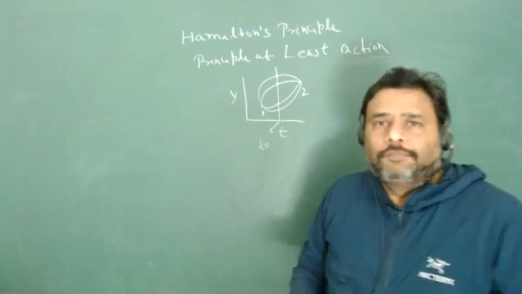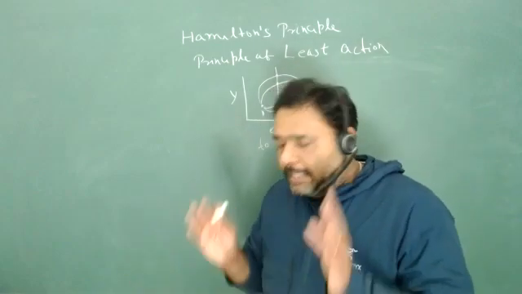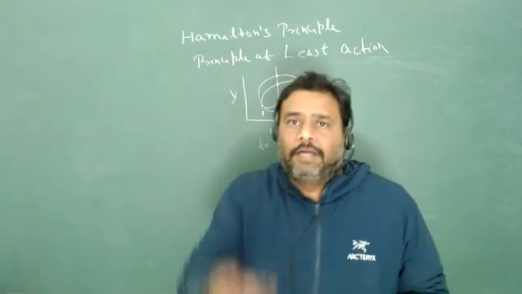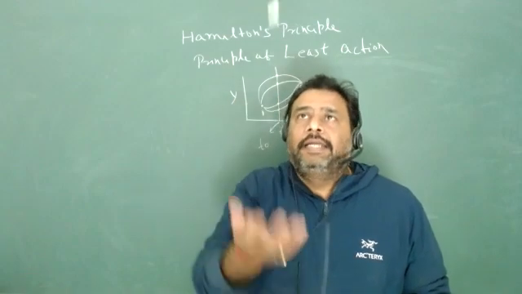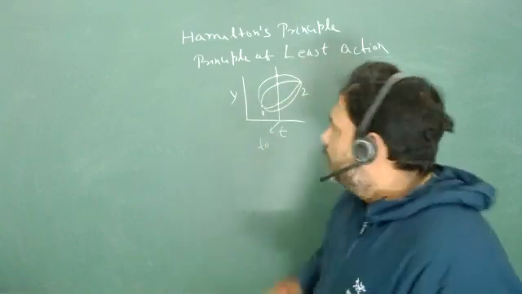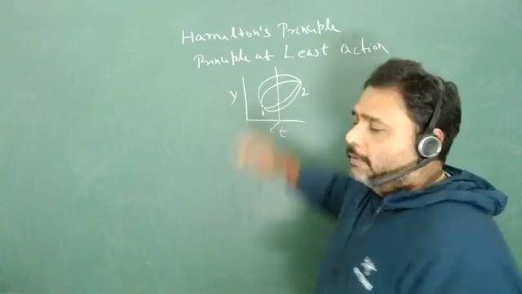Obviously, this is not possible. Whether it is quantum behavior or not is a different issue. But in general, if I throw this particle, it will follow the same trajectory again and again. It is not possible that at the same time you are here also, here also, here also.